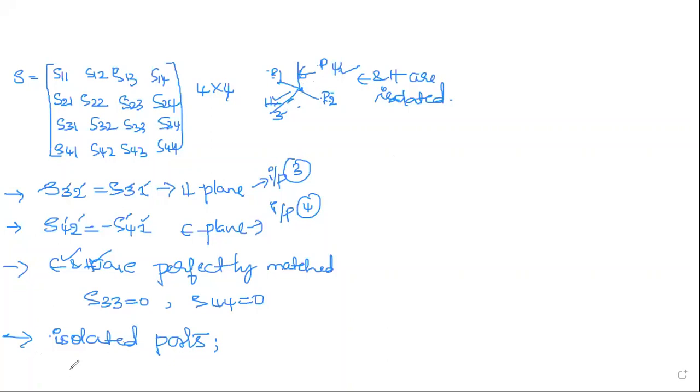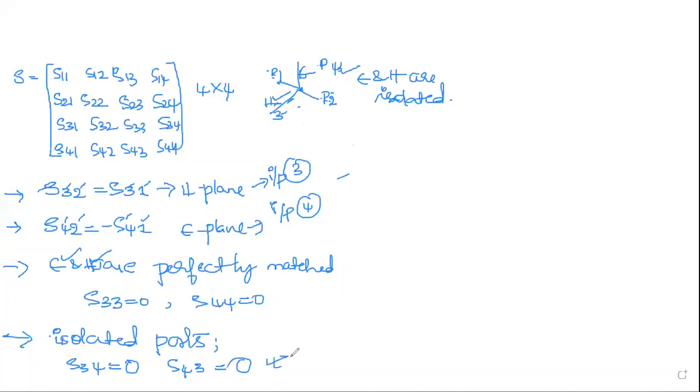That is, if you give the input at port 3, the output across port 4, and similarly, if you give the input at port 4, the output across port 3. What should be the value of this? Zero. Both are isolated. So the values of S43 and S34 are 0.